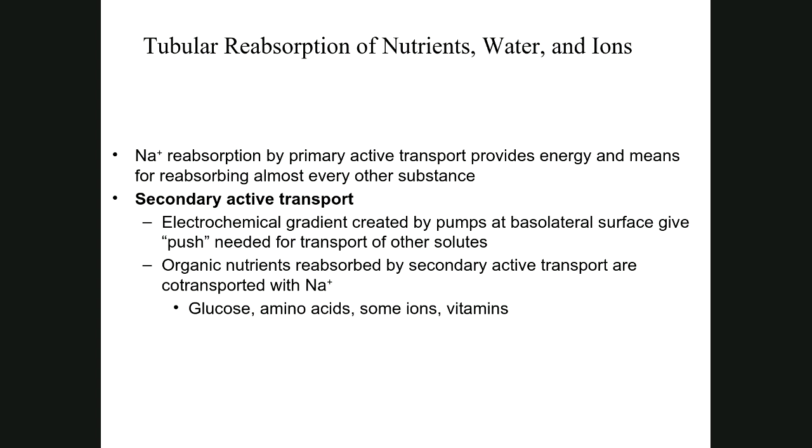Once it's activated, that we call the primary active, it creates a secondary active transporter. And this electrochemical gradient that has been created by the basolateral surface will give the push needed for transport of other solutes. So other organic nutrients are reabsorbed as a kind of co-transport with the sodium, such as glucose, amino acids, some ions, and some vitamins too.